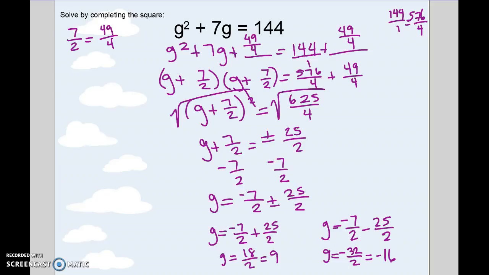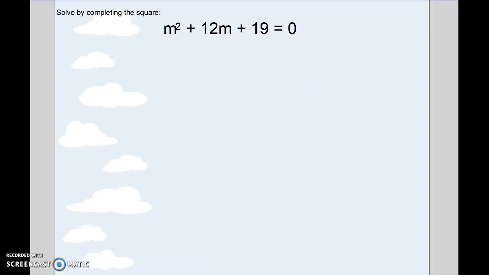So I want you to go ahead and try one. Why don't you go ahead and try this one on your own. If you need to, you can go back and refer to the other ones. Take a second, pause, because when you come back on, the answer is going to be there.